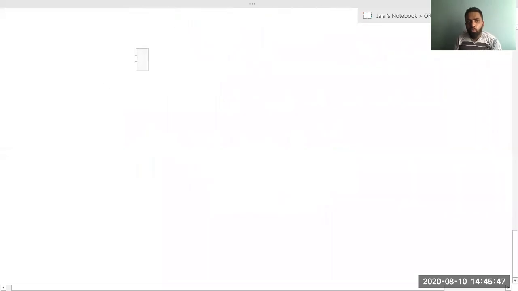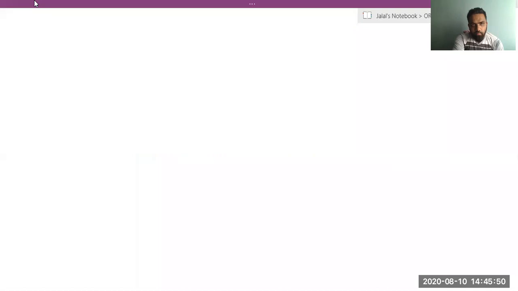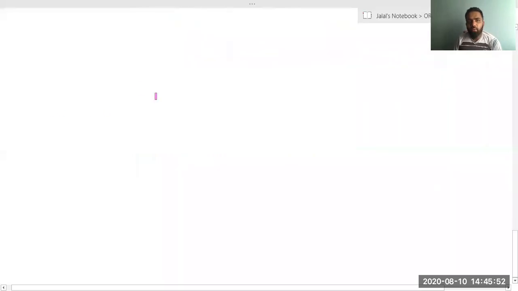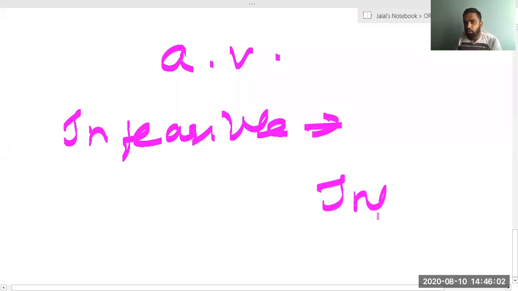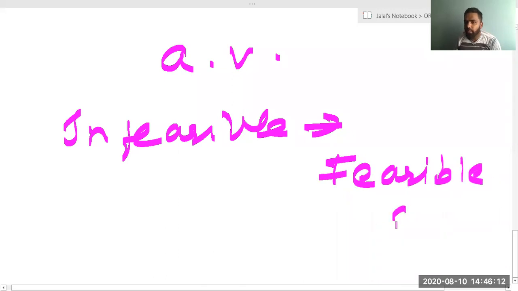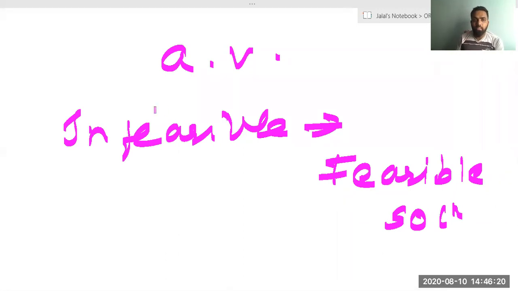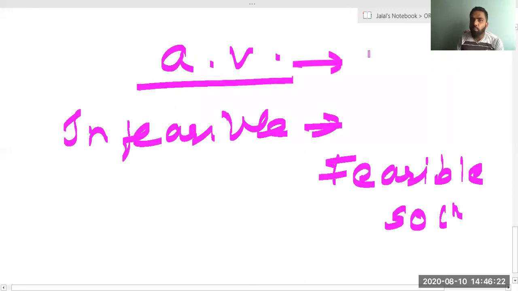But if I know the value of the artificial variable, I can convert my infeasible solution into a feasible solution, by just subtracting that artificial variable value from that constraint equation, because the artificial variable tells me by how much amount I should shift.